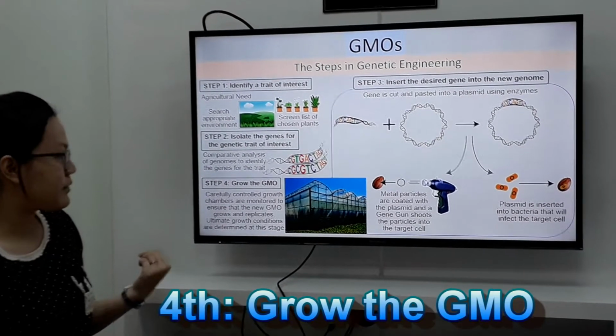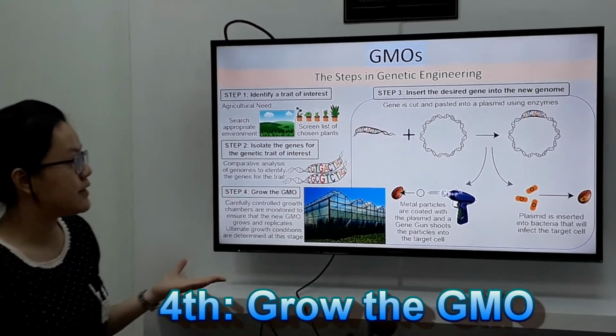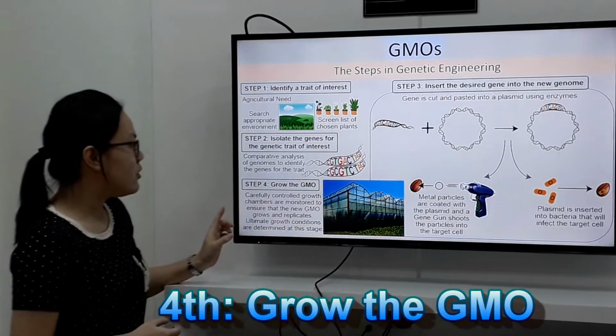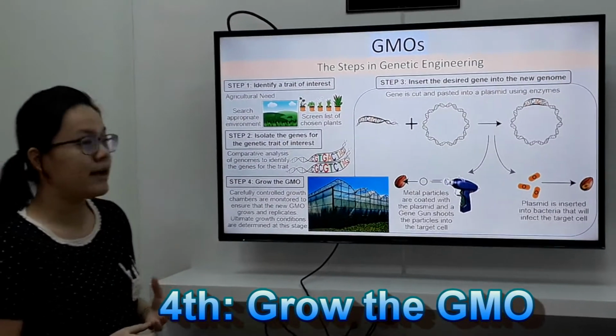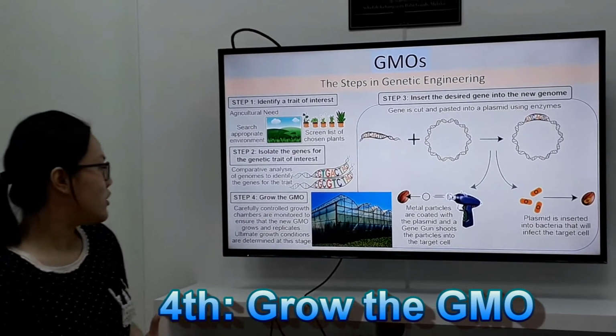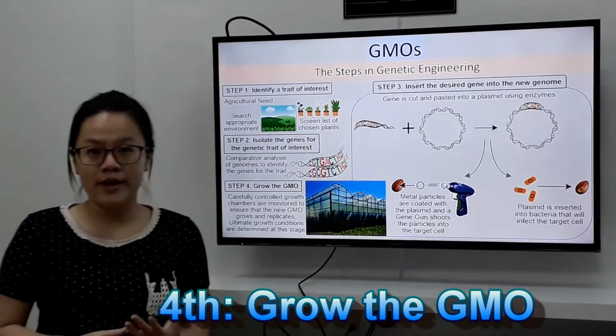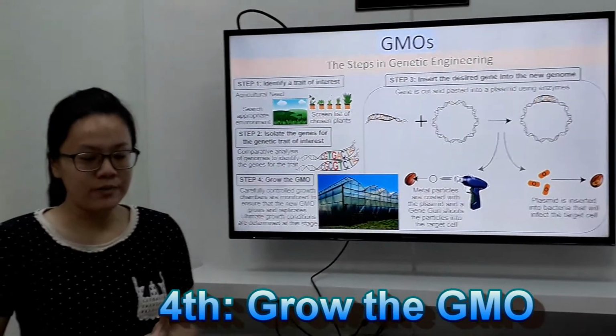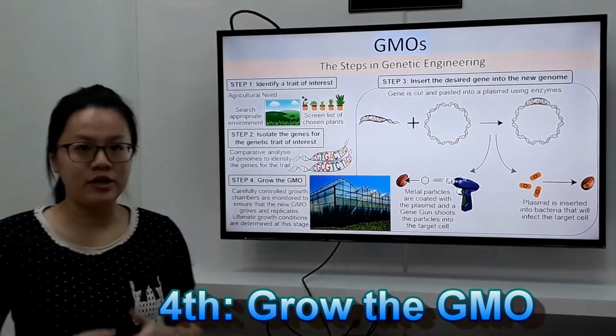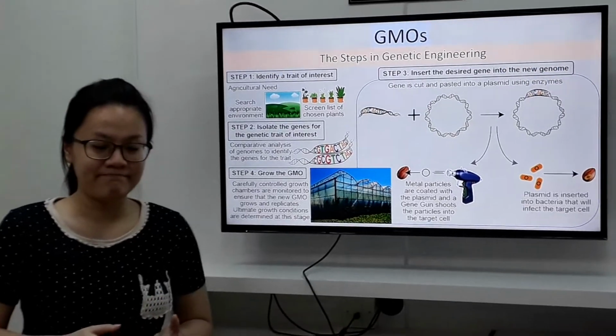And lastly, after the gene is successfully inserted, the GMO is carefully controlled to grow in a growth chamber, and the growth is monitored to ensure that the new GMO grows and replicates carefully. After the GMO successfully replicates, a new GMO is created.